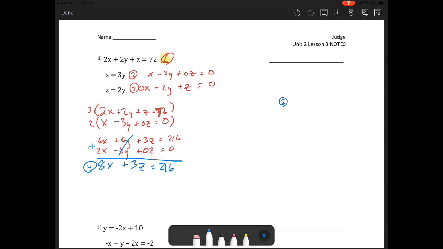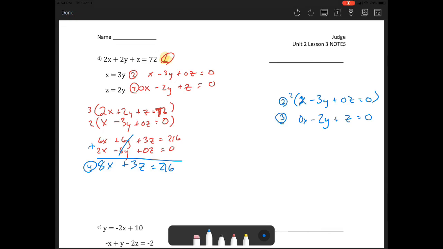Fifth one is I'm going to do my second and my third equation. I'm going to have x minus 3y plus 0z equals 0. And then I have 0x minus 2y plus z equals 0.